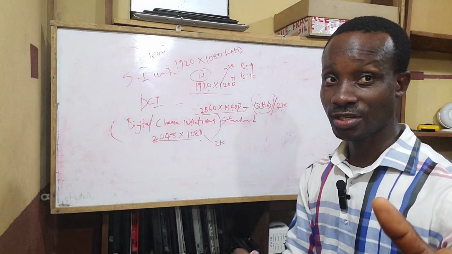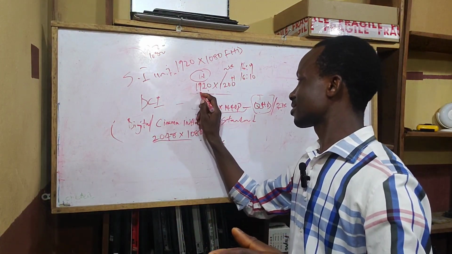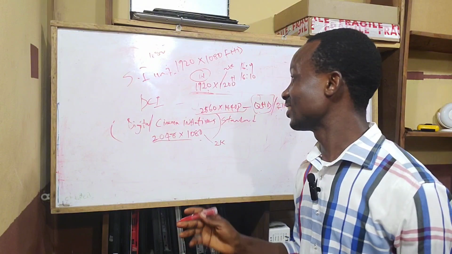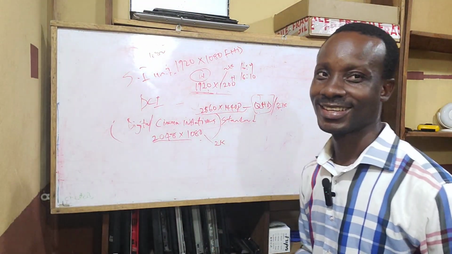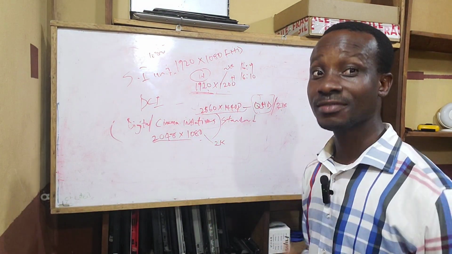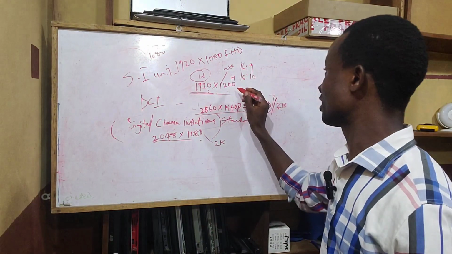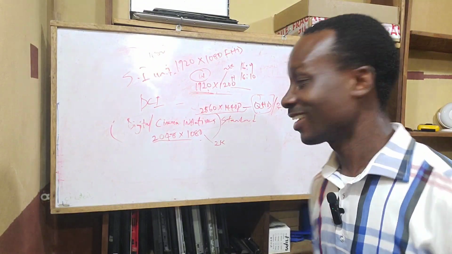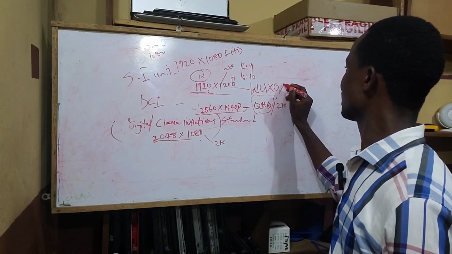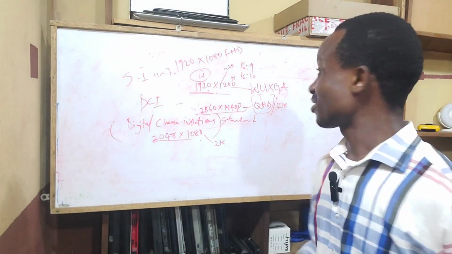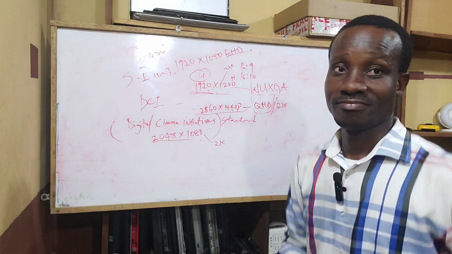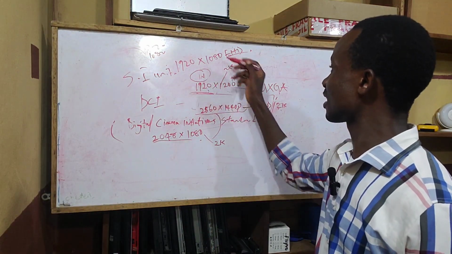Now ask yourself, is the width up to 2000? No, it is not. So this display is not 2K. So what is this display? Interestingly, it is given a name, and the name is WUXGA. You can also call it, loosely, extended Full HD, because it's a little bit higher than Full HD.